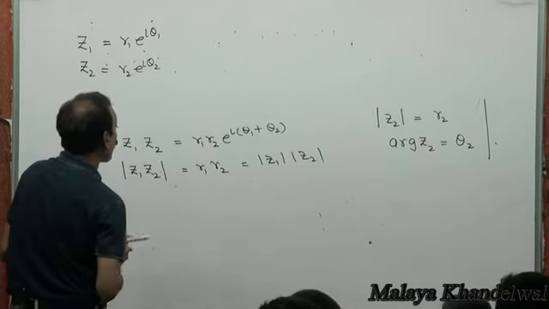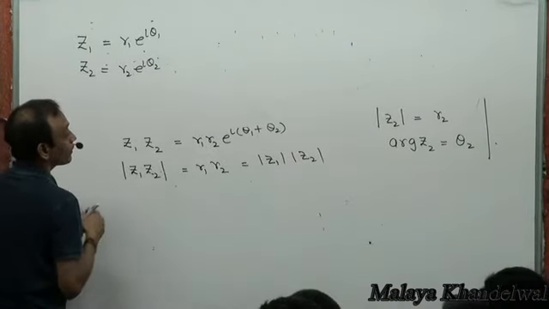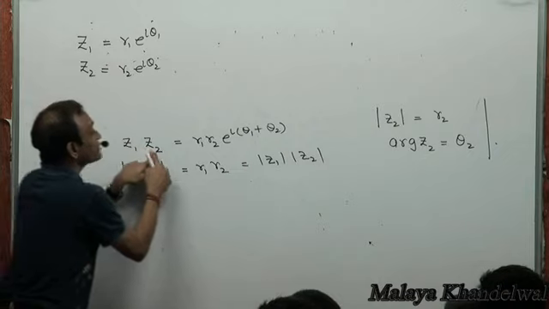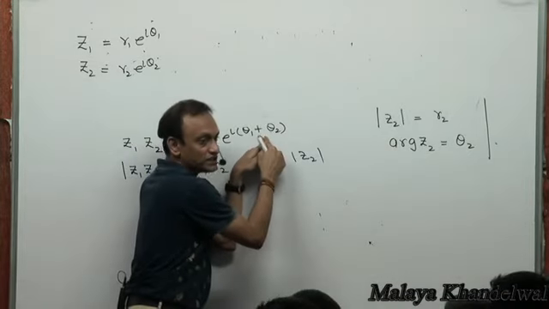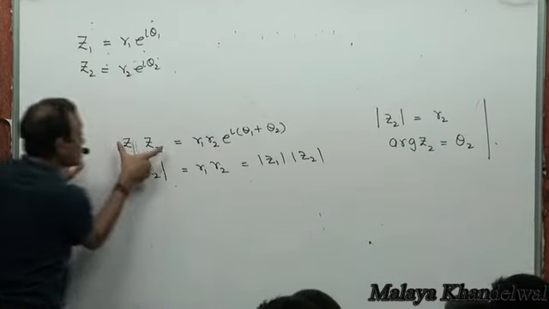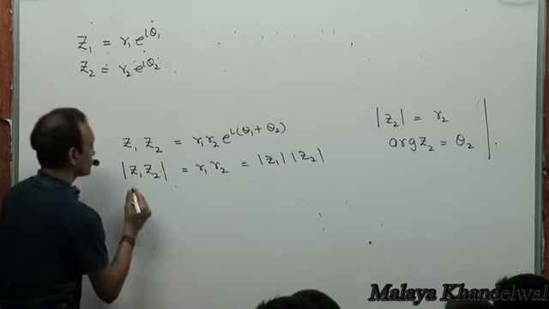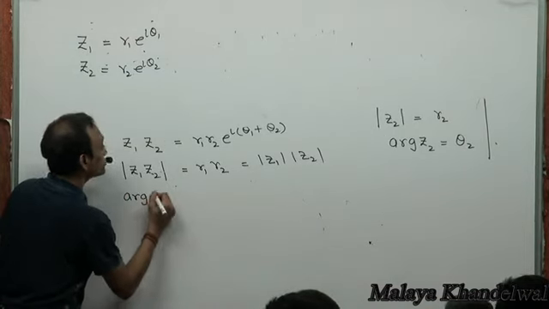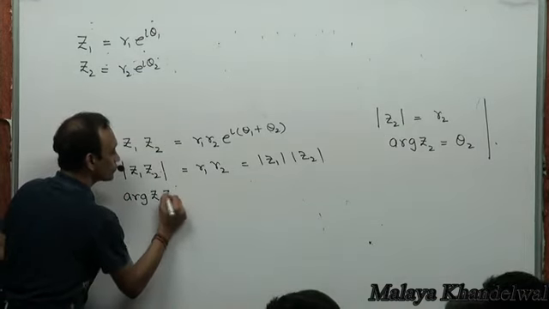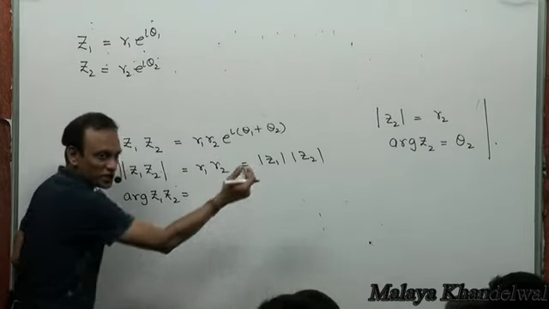Now realize z1 z2 is r1 r2 e power i (theta 1 plus theta 2). What is the argument of this complex number? Argument of z1 z2 is theta 1 plus theta 2.